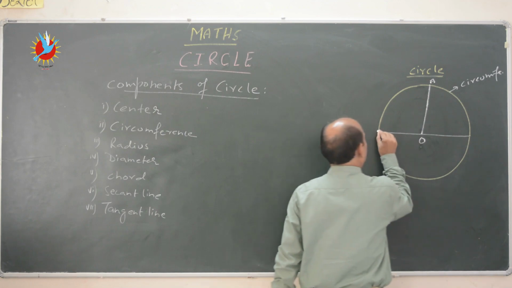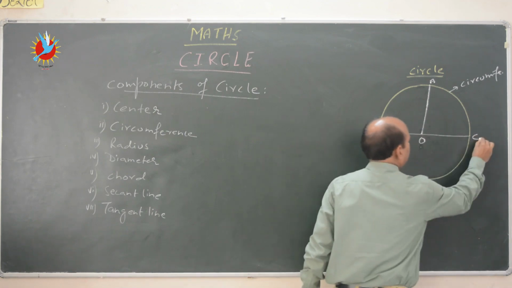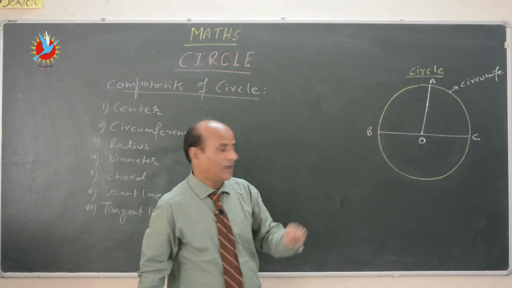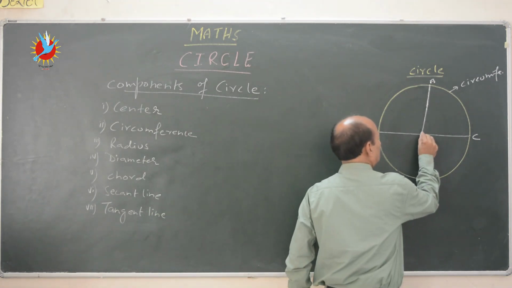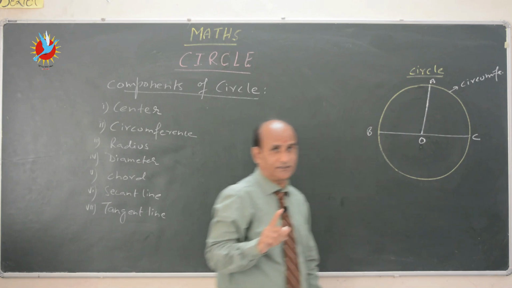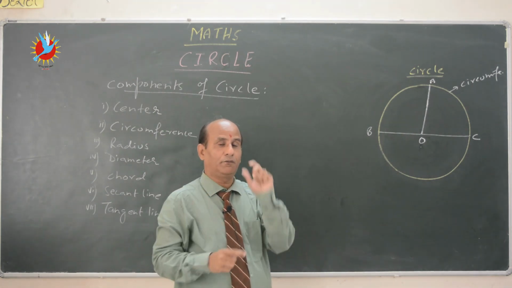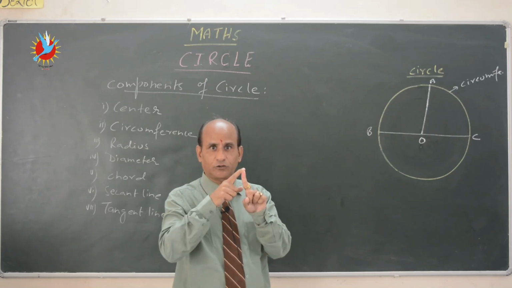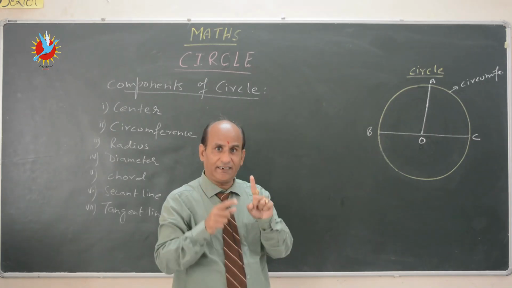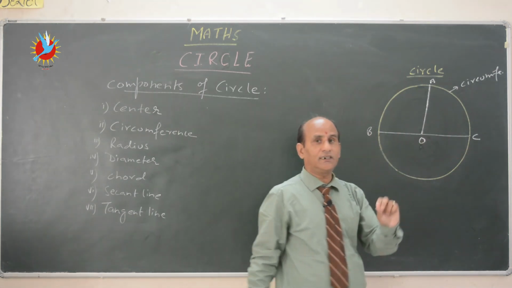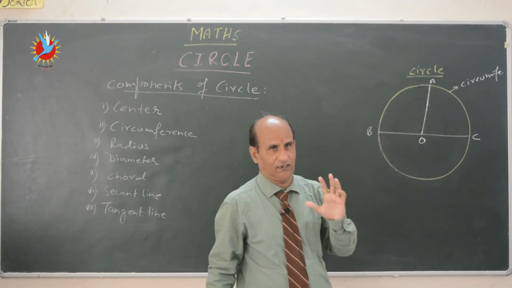Suppose we have taken a line segment BC, then BC is a diameter because it passes through the center of the circle. So diameter is a line segment which, number one, must pass through the center of the circle and which must join any 2 points on the circumference of the circle.